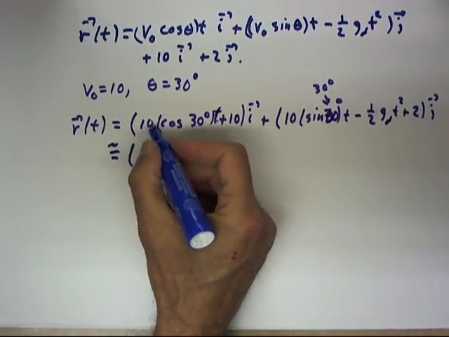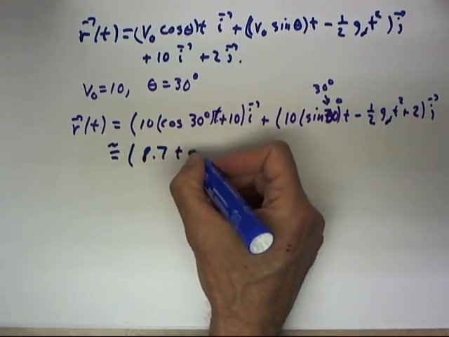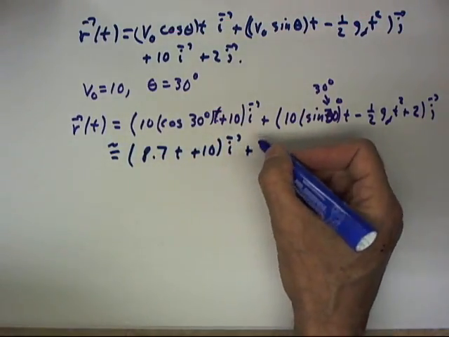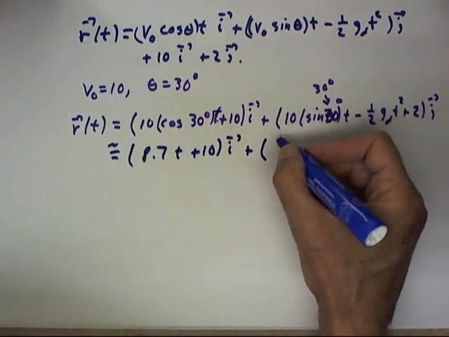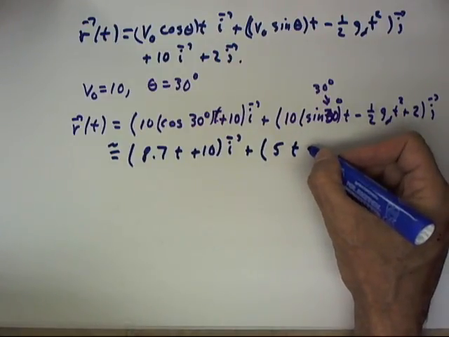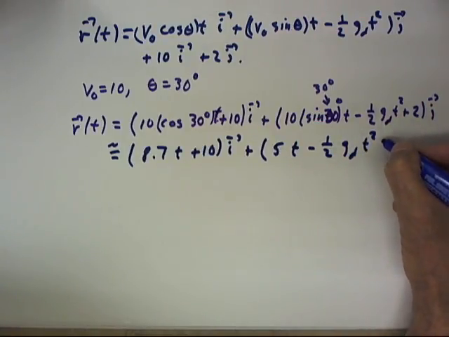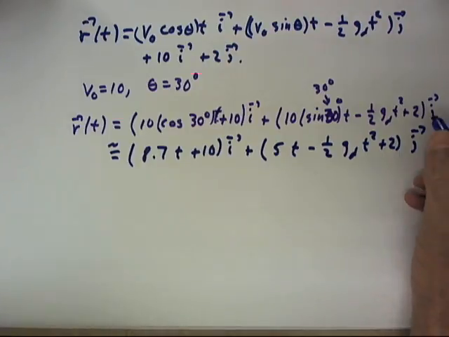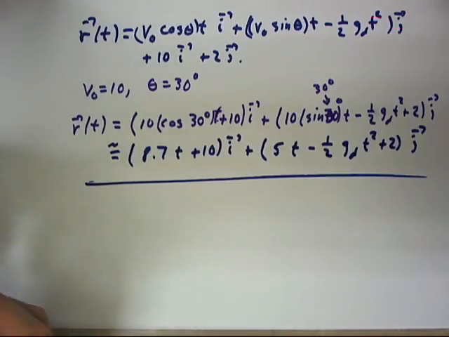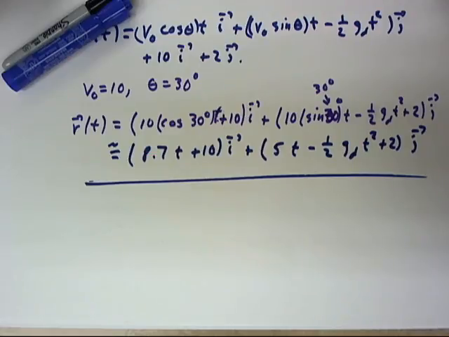So I have 10 cosine of 30 degrees, well, that's about 8.7 t plus 10 times i. And to that we're going to add 10 times the sine of 30 degrees. Sine of 30 degrees is exactly 1/2. So that's 5t minus 1/2 g sub d t squared plus 2 multiplied by j. That should be the r of t function for our motion.